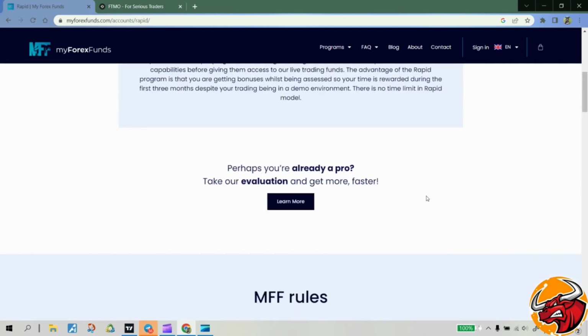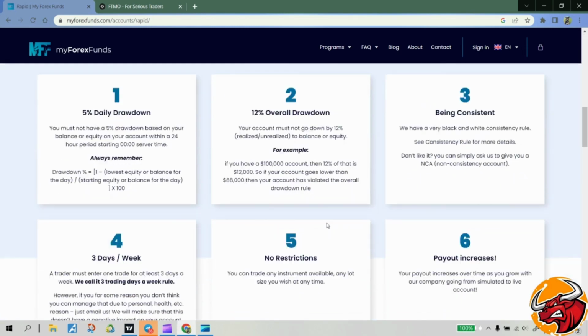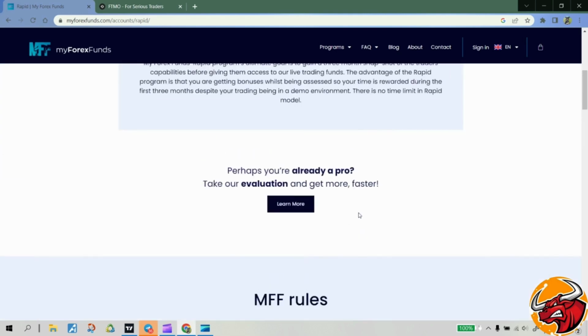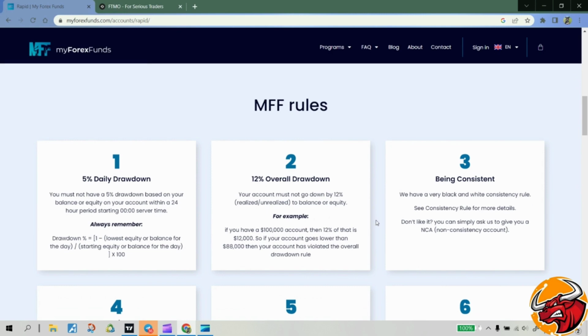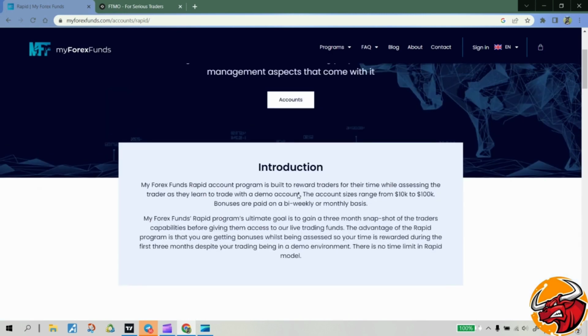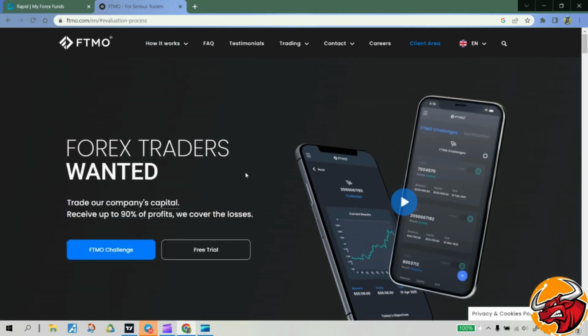To get a real account, first you need to trade on a demo account. After the demo account, you will have phase 1 and phase 2. After you pass all these challenges, then you can get your payout, guys. Payout depends on which account type you want to get.